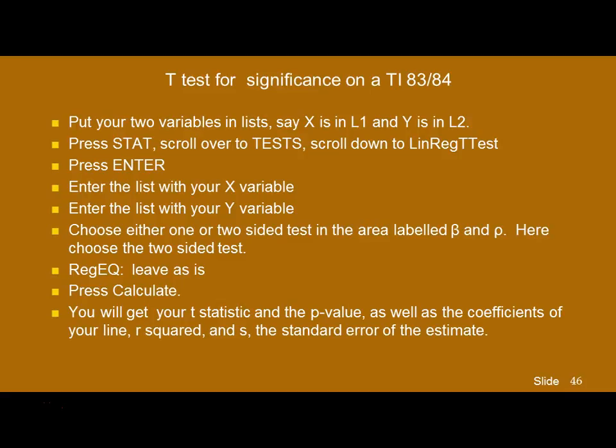Then it needs to know the form of your hypotheses. Is it a two-sided or one-sided test? Choose the two-sided option. There's something for RegEQ, which actually is a storage place for your regression equation. You can just leave that blank. And then go to Calculate and hit Enter.